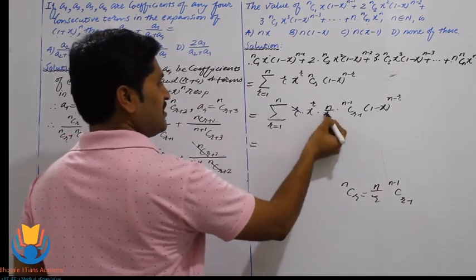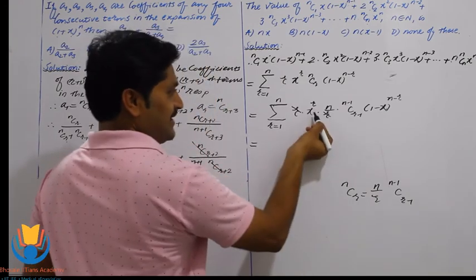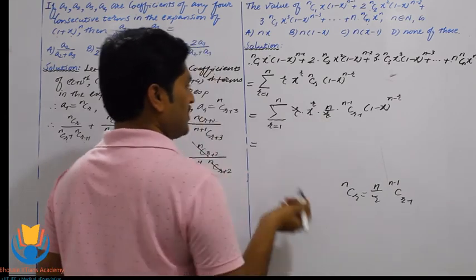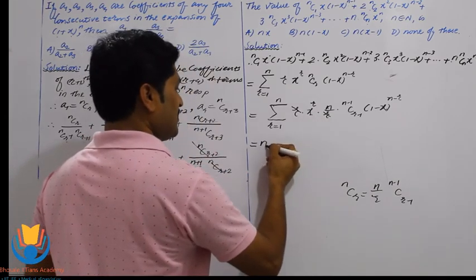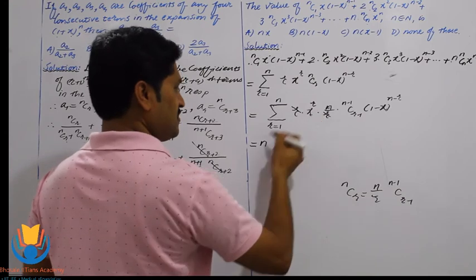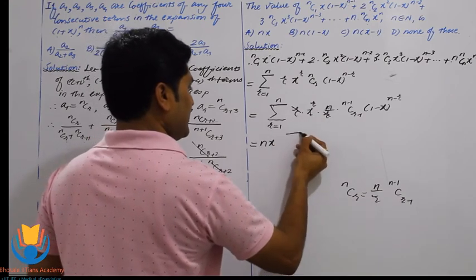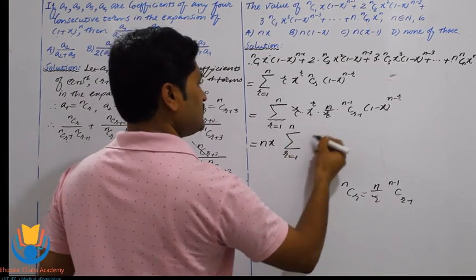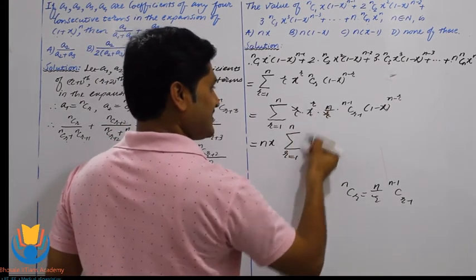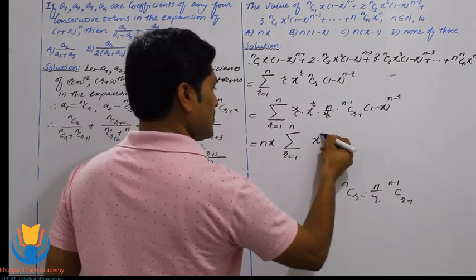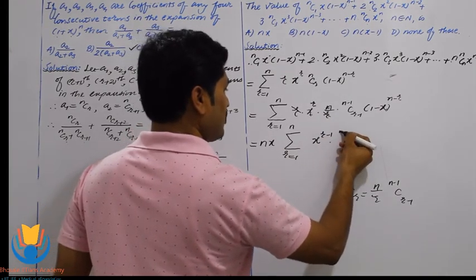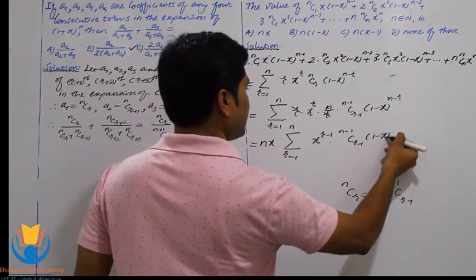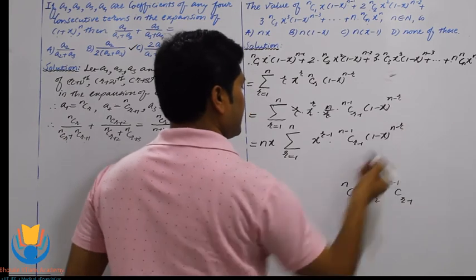So this r is going to get cancelled, and this n and x from that particular part we are going to take outside intentionally. I repeat, n and x from this term I am taking outside. Then the part which is left in the summation will be x raised to r minus 1, and this combination (n minus 1)C(r minus 1) into (1 minus x) whole raised to n minus r.